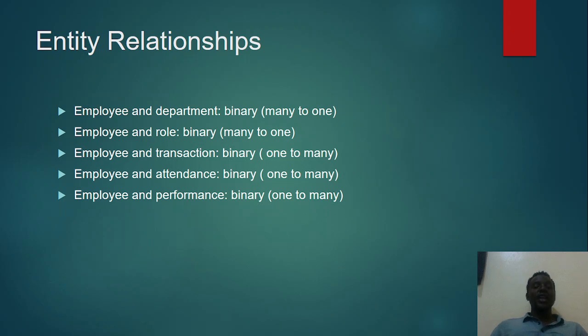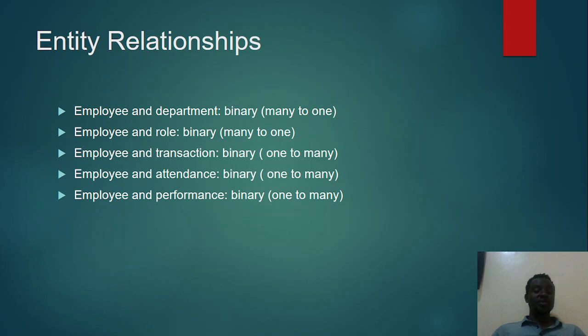For example, the employee and department is a binary relationship where it is many to one. Many employees can belong to one department. Next, we have employee to role. Many employees can have the same role. An employee and transaction: one employee can have one to many transactions.